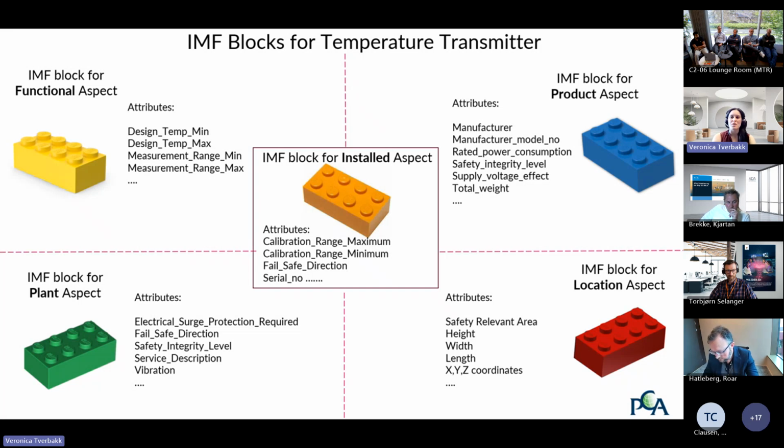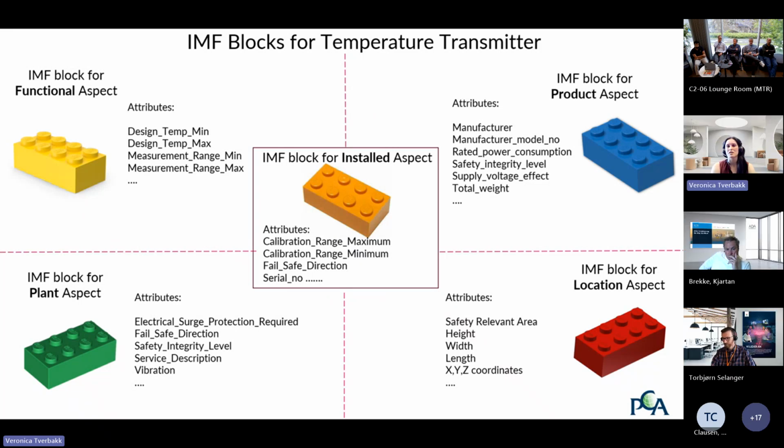Location represents the spatial aspects of the equipment, perhaps coordinates or maybe ATEX attributes. The product aspects represent what is found on the market and what we can actually buy. And then the installed aspect is when you've actually installed it on site, and then you can have the serial number and other attributes related to that aspect.